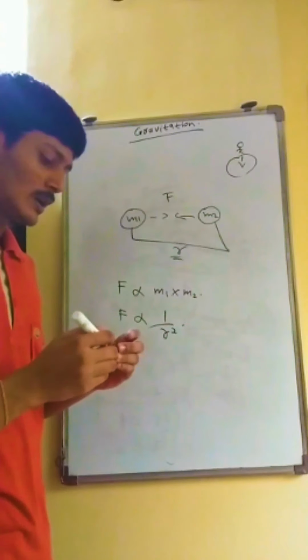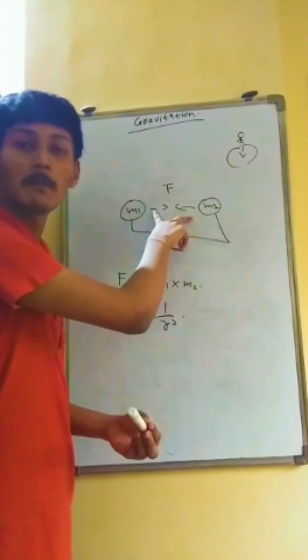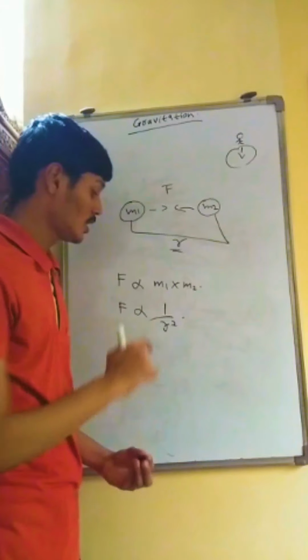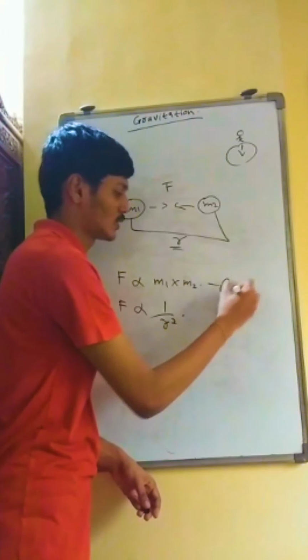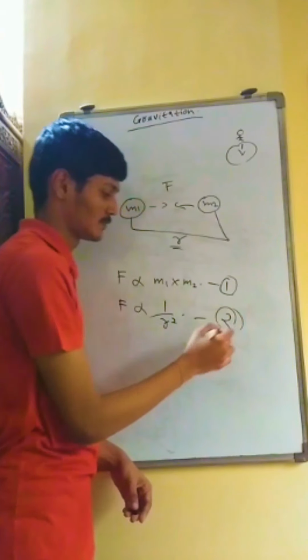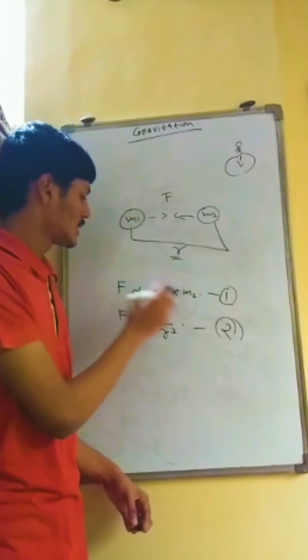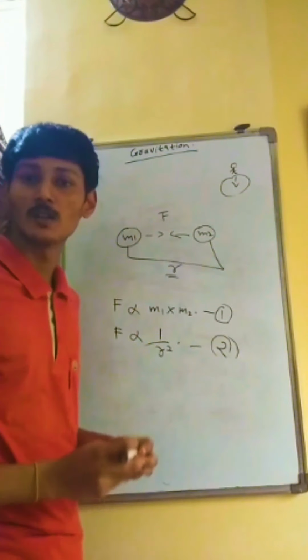So what we found out: force is directly proportional to the product of the masses of the two bodies, while it is inversely proportional to the square of the distance separating the two bodies. This is our equation 1, and this is our equation 2. If you properly observe equations 1 and 2, force is at one point directly proportional, at another inversely proportional.